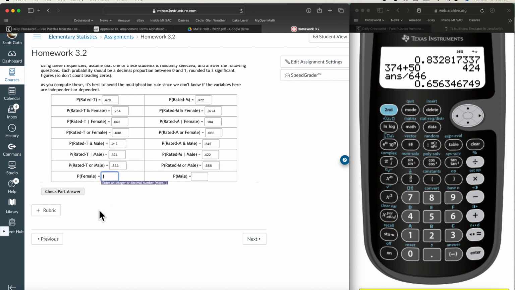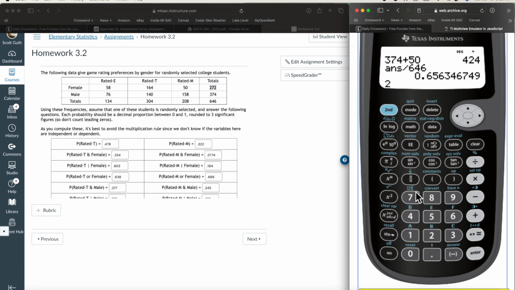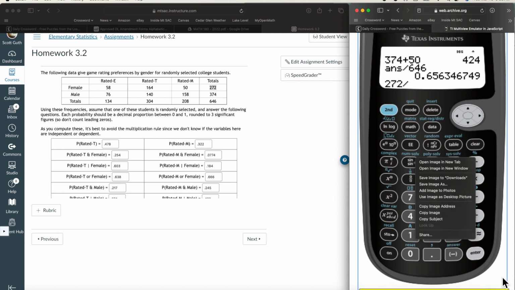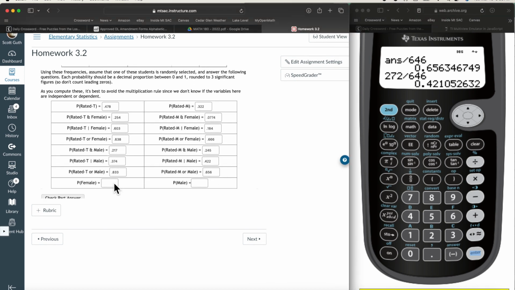Okay, now these are easy. Probability of female. Well, there was 272 females. Okay, so 272 divided by the total of 646 people. 646, enter, so 0.421 for that one. And then the complement, the rest of them should be the males, and that's going to be about 67% or something like that.